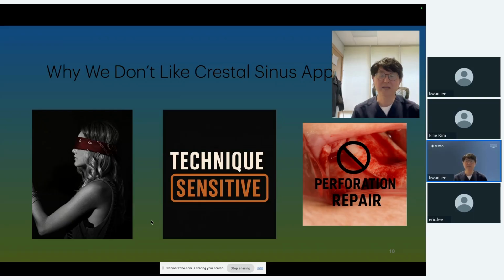So many times when you hear minimally invasive or minimum something, it means you have minimum control. So those are the nutshells of Crestal sinus augmentations. When I'm looking at it, I don't like it because it's not predictable. So I'd rather just do the lateral sinus and get it done and be done with it. So these are the pain points of Crestal sinus augmentations.